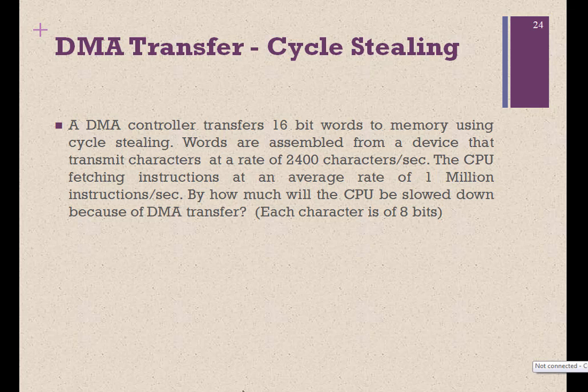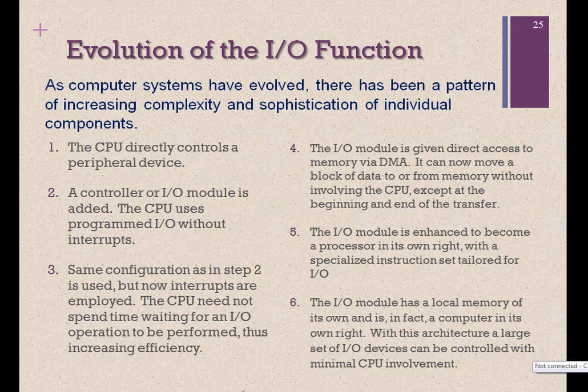Words are assembled from a device that transmits characters at a rate of 2400 characters per second. The CPU fetches instructions at an average rate of 1 million instructions per second. By how much will the CPU be slowed down by the DMA transfer?